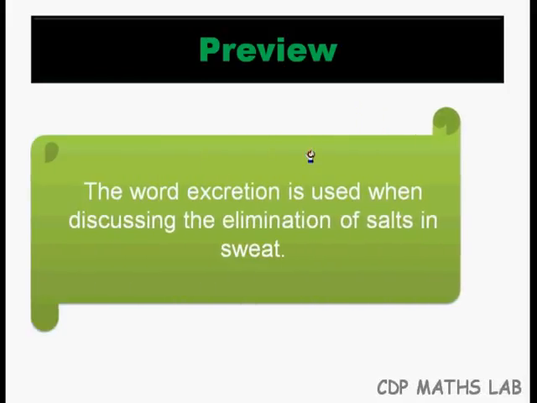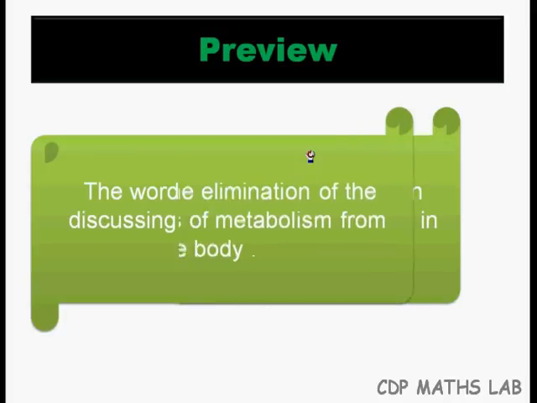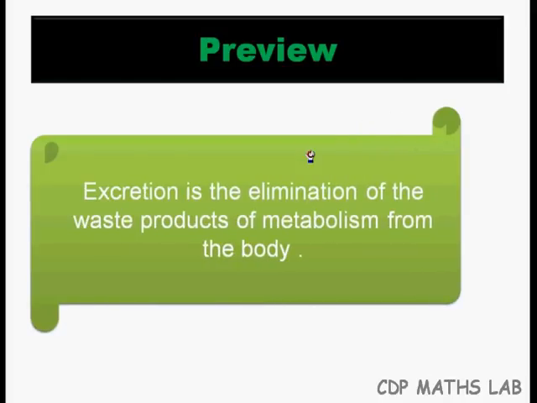The word excretion is used when discussing the elimination of salts in sweat. Excretion is the elimination of the waste products of metabolism from the body. Now, this is the definition for excretion.